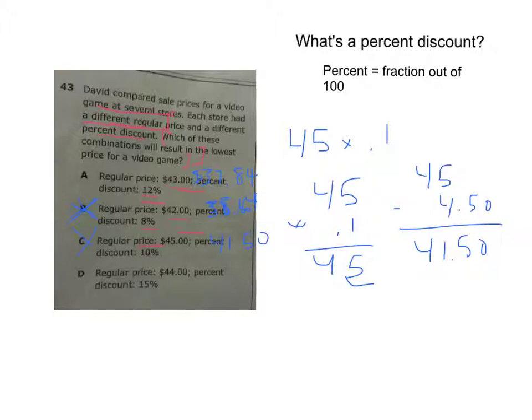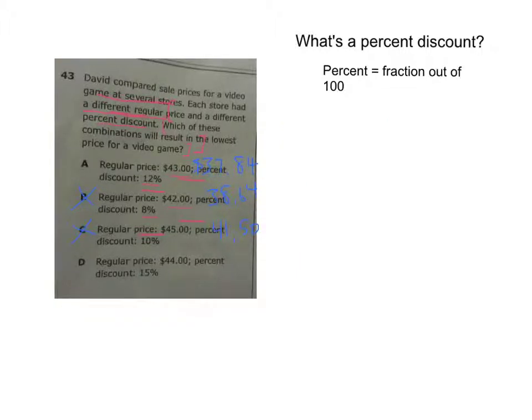And we finally have choice D. Choice D is $44 at a discount of 15%. So that's 44 times 0.15.